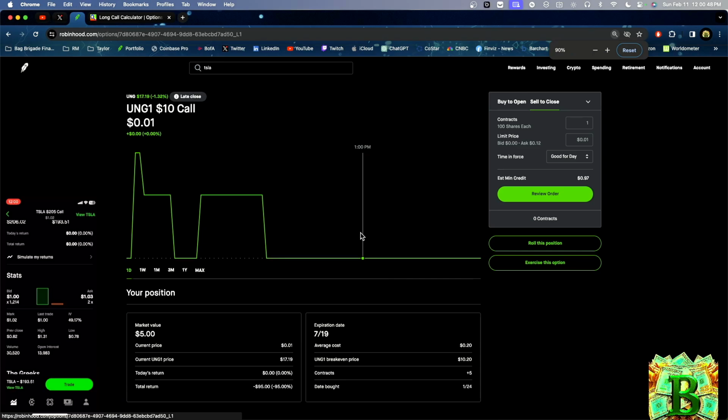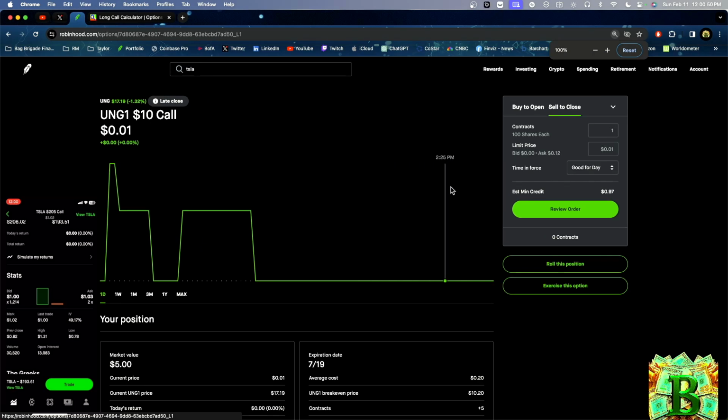UNG is United States Natural Gas, but I bought 5 contracts at 20 cents a piece. Then like 3 weeks later, they did this stock split. Now the underlying is trading at like 20 and it was at 5. So basically I was betting it going to $10. Well, now it's trading at 20. That means it would have to go to 40 and natural gas has just been getting clapped.